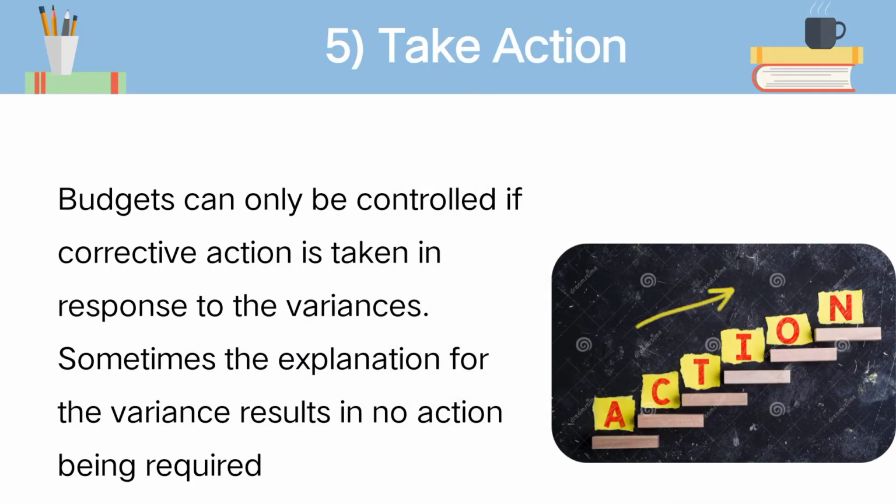And the fifth one is taking action. Budgets can only be controlled if corrective action is taken in response to the variances. Sometimes the explanation for the variance results in no action being required.